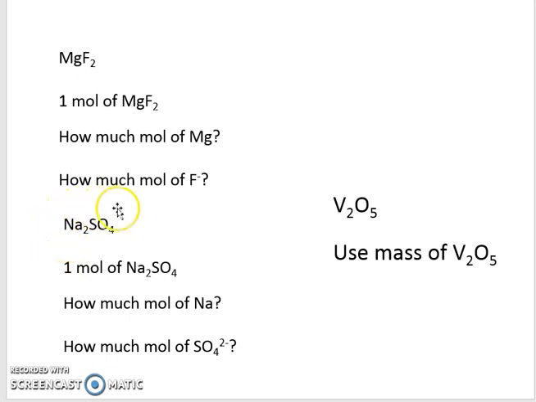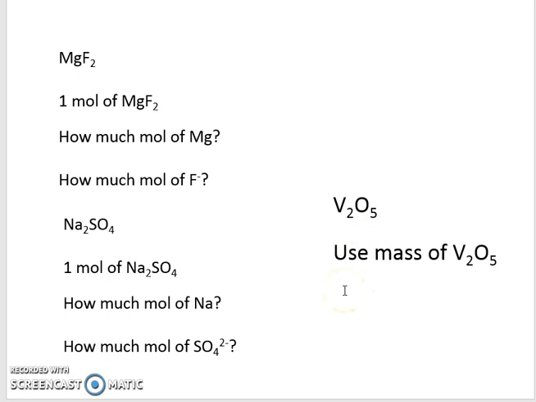If you've got 1 mole of sodium sulfate, you will have 2 moles of sodium, because you see there's a subscript 2. The sulfate ion will stay together when it dissociates, and you will have 1 mole of sulfate for 1 mole of sodium sulfate.